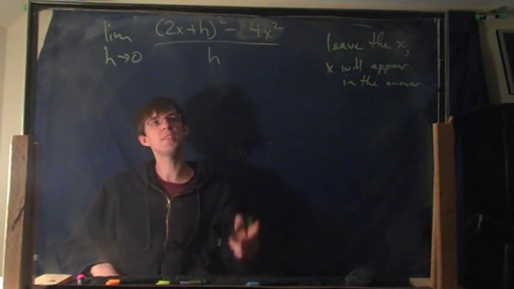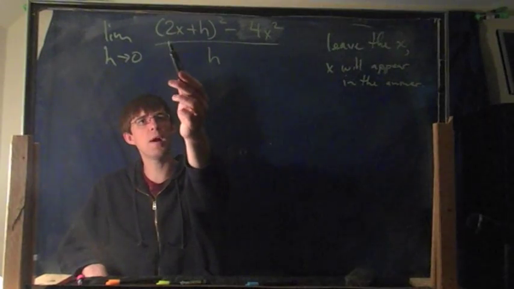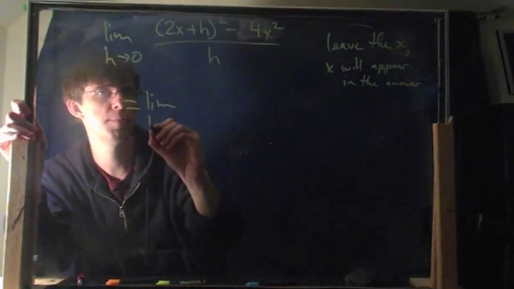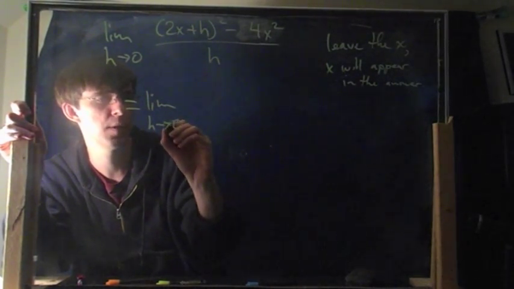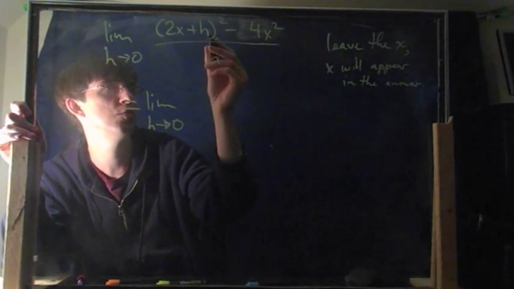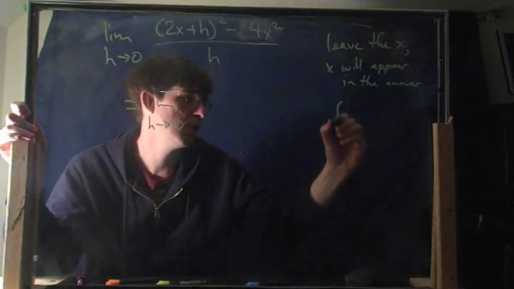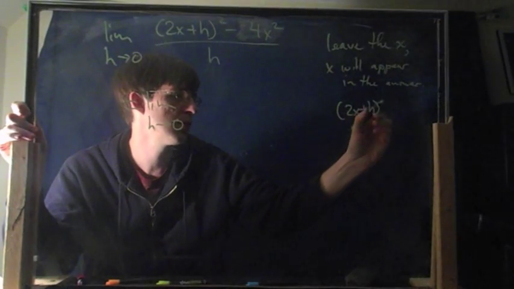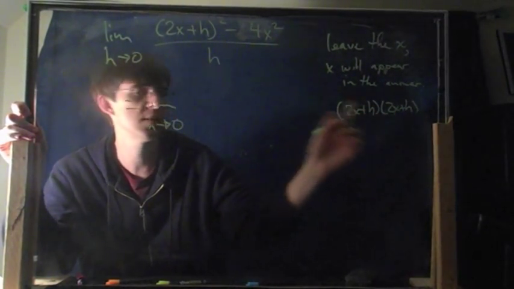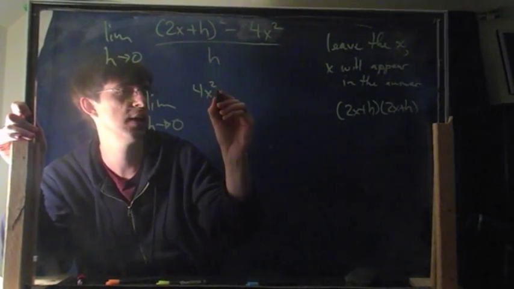How do we simplify? This actually looks similar to the first one we did, so we're just going to do the FOIL thing right there. So it's still the limit as h goes to 0, because I'm not doing the limit yet, I'm just simplifying. And on top, we're going to do the FOIL here. You could work this out on the side if you want. 2x plus h times 2x plus h. On the front, you get 2x times 2x, which is 4x squared.